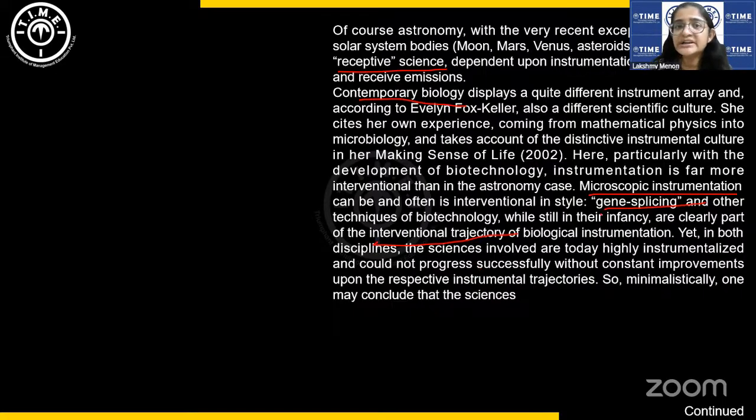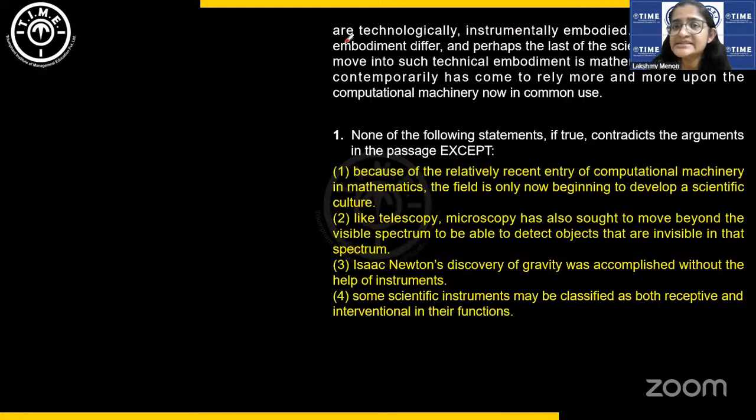So the conclusion is that these sciences are instrumentally embodied, but the styles of embodiment differ. And then the author mentions that the last of the scientific disciplines to move into such technical embodiment is mathematics, which only recently started relying on computational machinery. That's it. This is the passage.